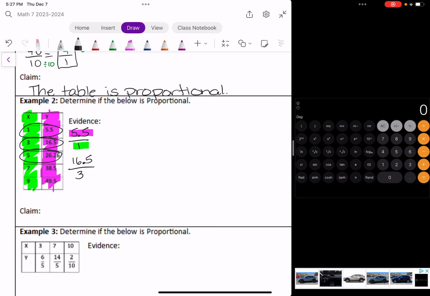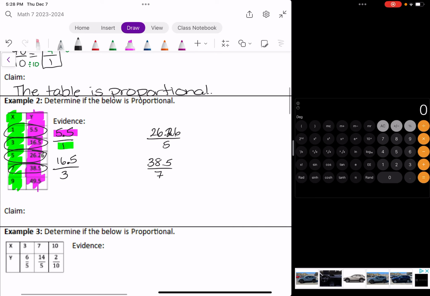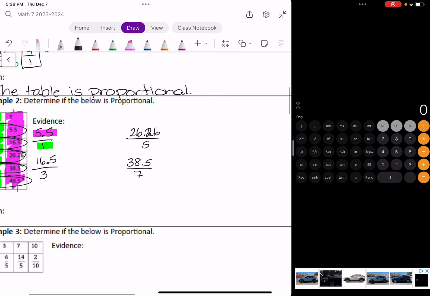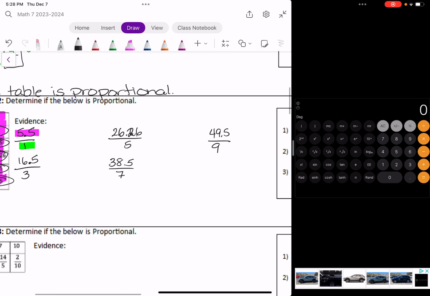Third one is 26.26 over 5. Fourth one is 38.5 over 7. Sorry. And then our last one is 49.5 over 9.